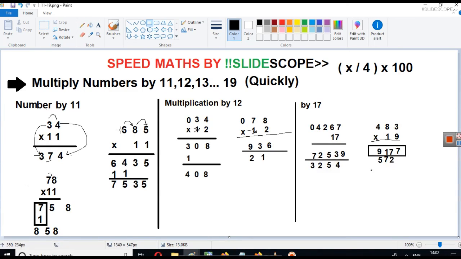You just have to write the first number in first place, last number in last place, and then add these numbers in between. Now in this case also we are doing the same thing as in case of 11, but because here 1 is being multiplied, we are simply adding these numbers. Here also we are adding these numbers, but after multiplication with the digit which is written here.